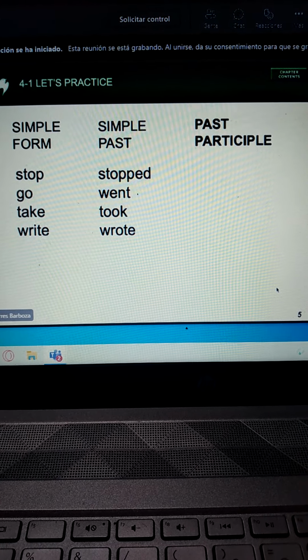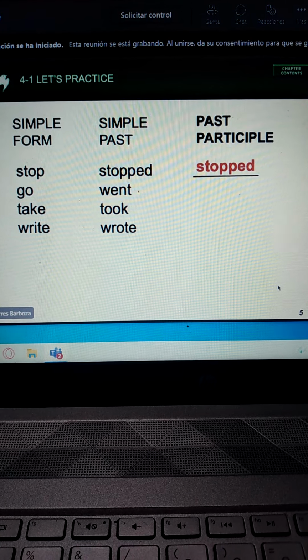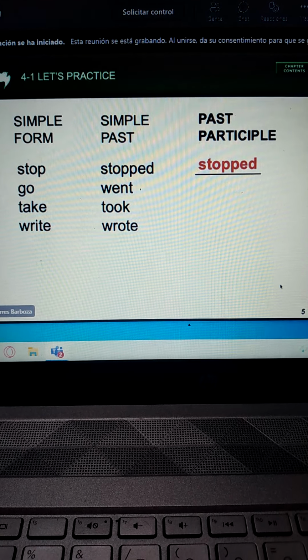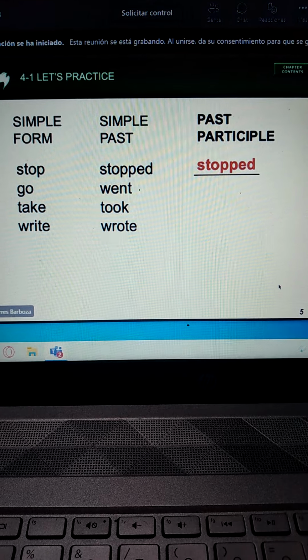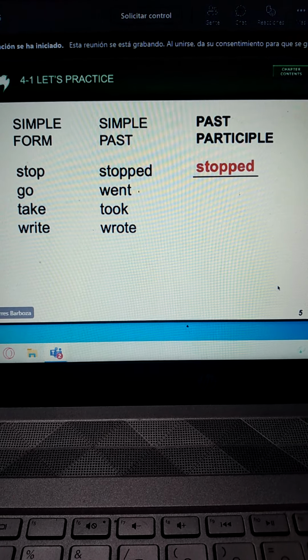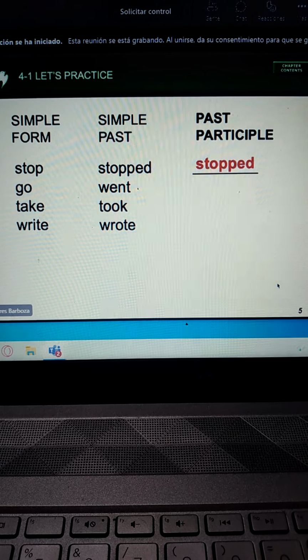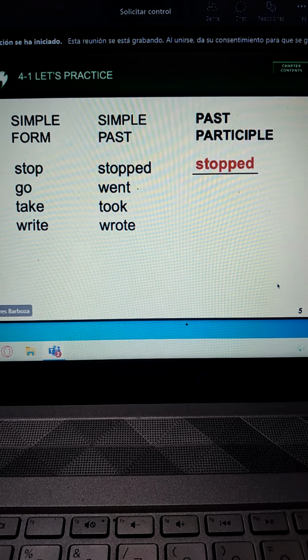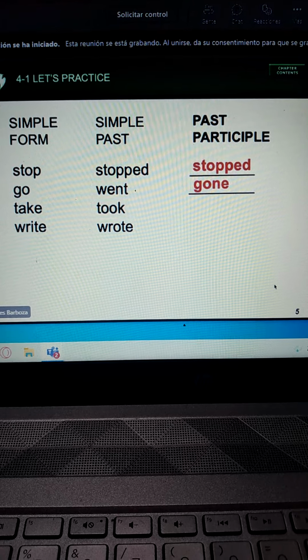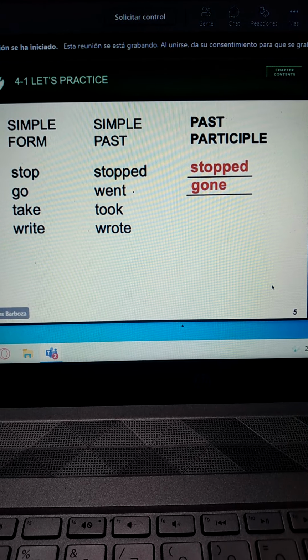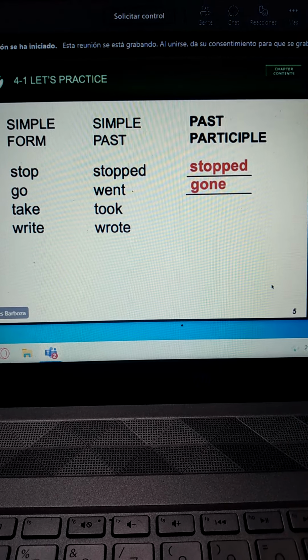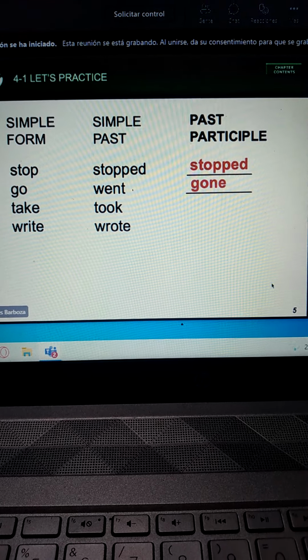Okay, look at this. Stop, stopped, stopped. Let's see. Go, went, and what's the past participle of go? Gone. It's gone. Take, took, and what's the past participle?